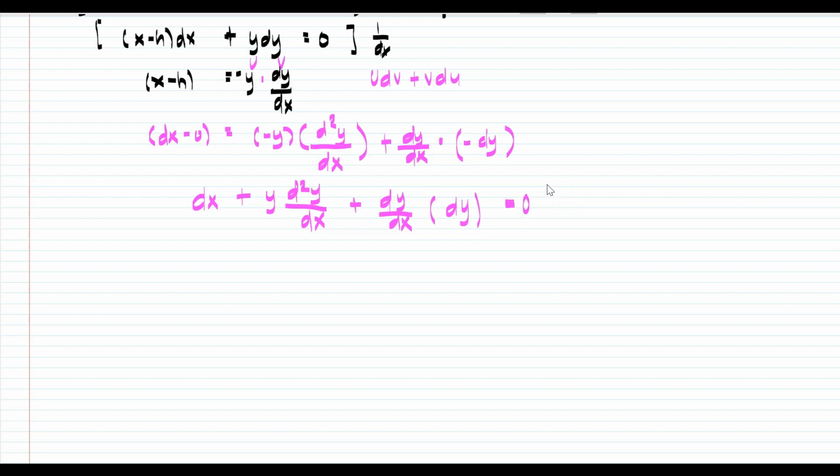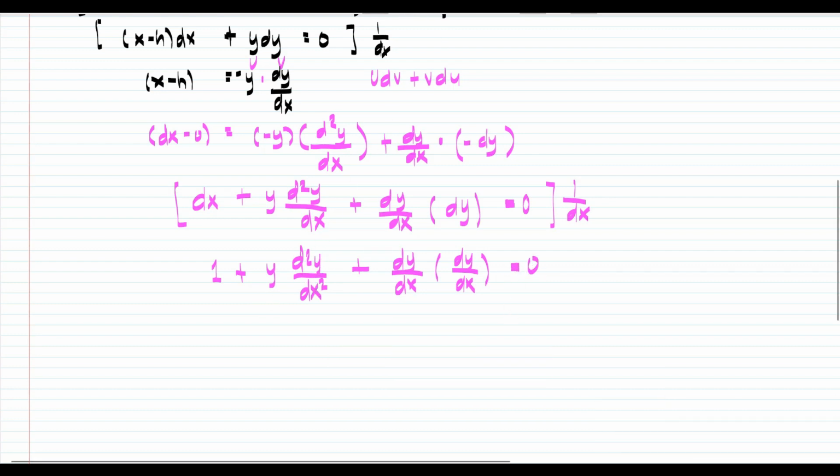And again, we divide both sides by dx. And so we get 1 plus y d²y/dx² plus dy/dx multiplied by dy/dx, which equals 0. We can represent this particular term, the second derivative, as y double prime.